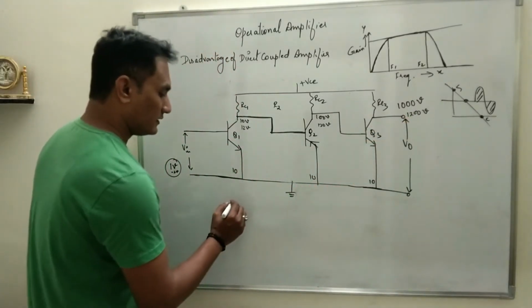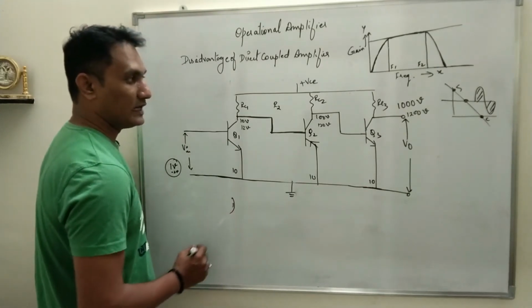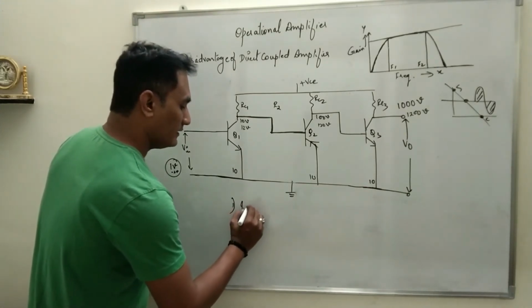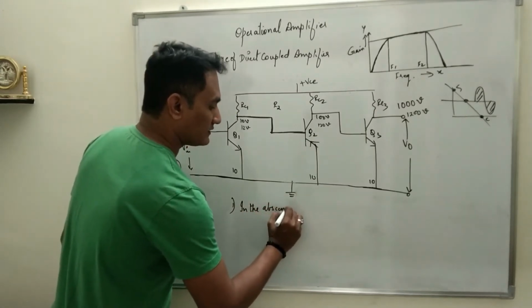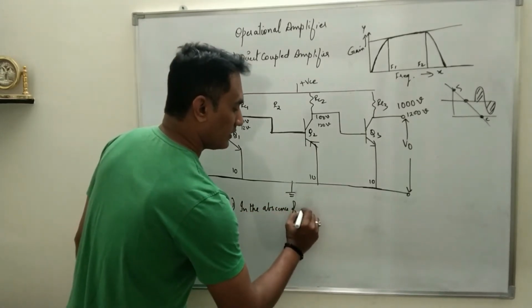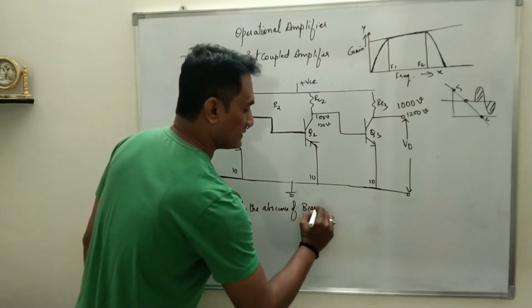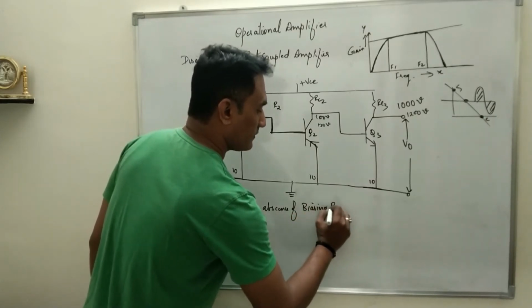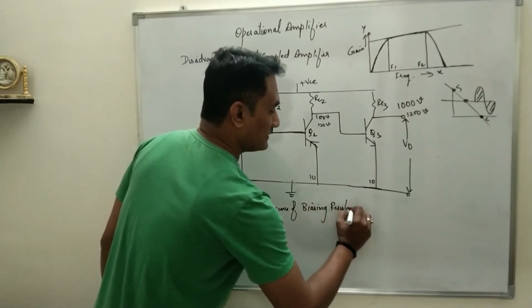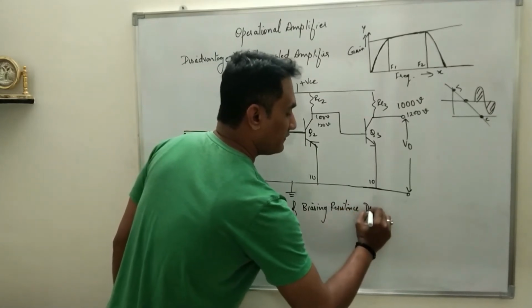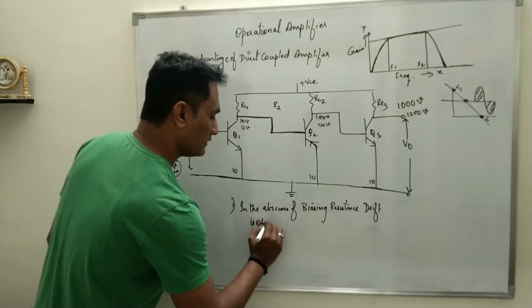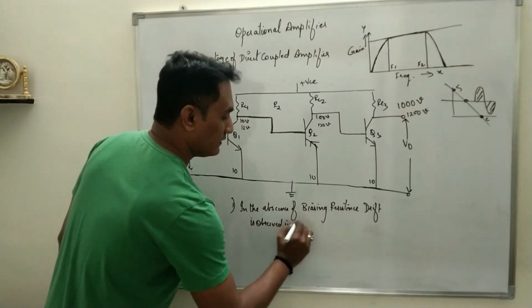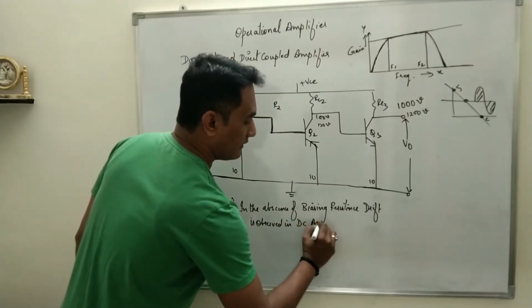So the first disadvantage related to direct coupled amplifier: in the absence of biasing resistance, drift is observed in direct coupled amplifier.